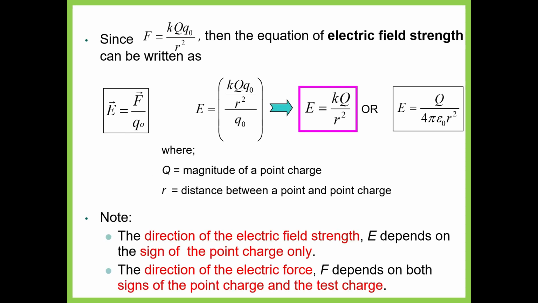In terms of the magnitude of electric field strength, apart from this basic equation, we can have a derived equation that is E is equal to F electrostatic force divided by the test charge. Then we can have E is equal to KQ over R squared.